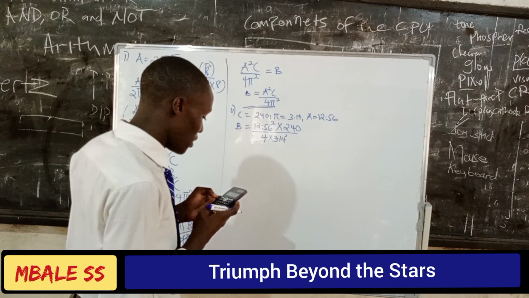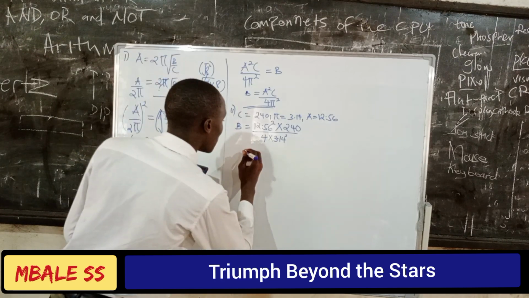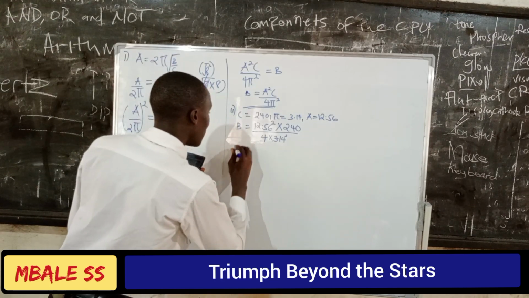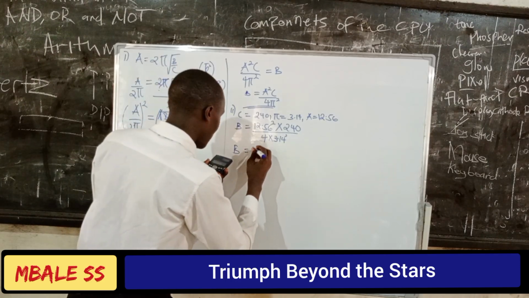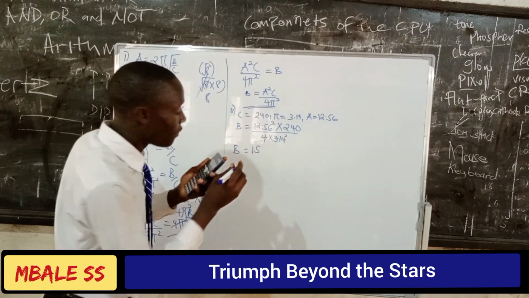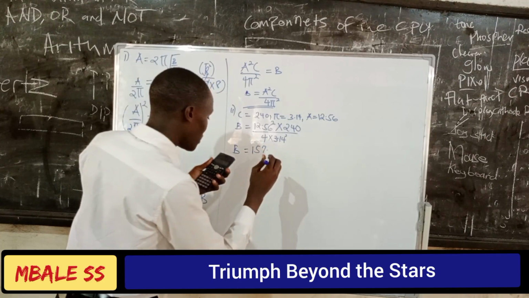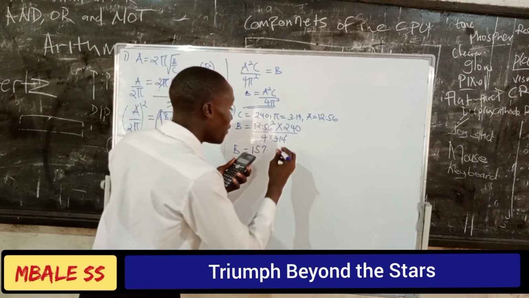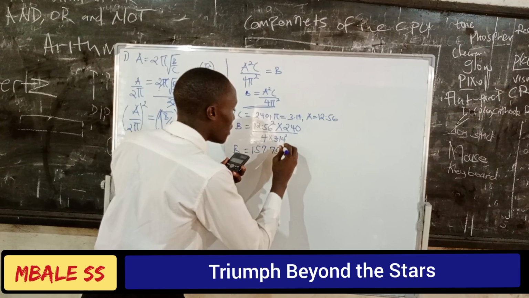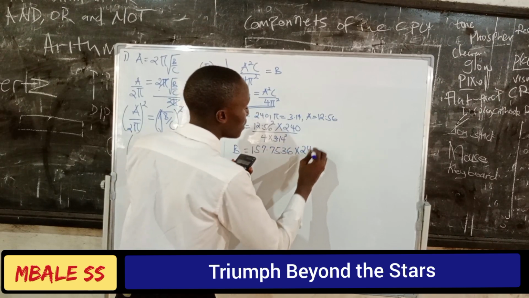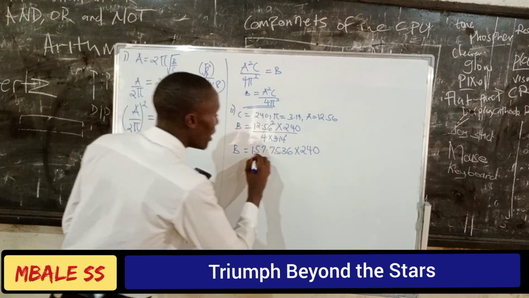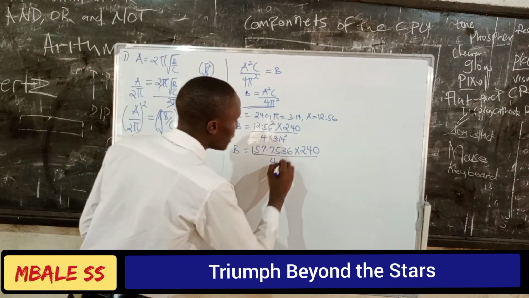B will be equal to 12.56 squared, which will give us 157.73536 times 240. Okay, then divide by 4 times this one.